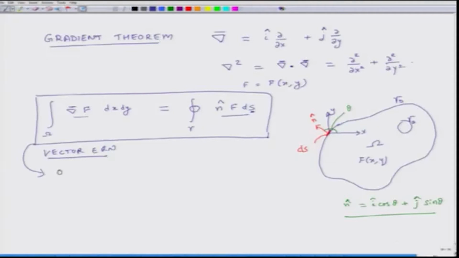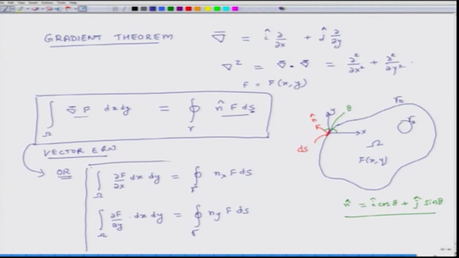I can alternatively write it as this, which is the other form of the equation.